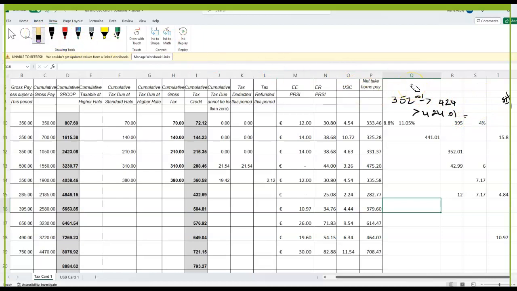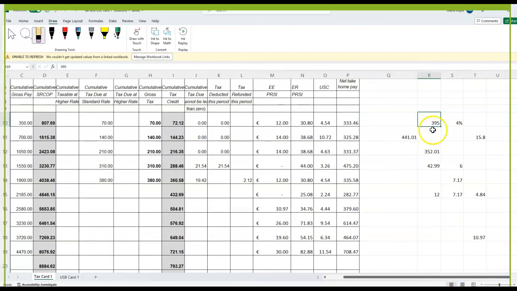Again, you don't have to learn these off by heart. You can just look them up, but be aware of what the income range is for that purpose. Just going to look at a calculation here based on 395. If I take 395 and multiply it by 4%, I'm going to get 15.80. The next step is to get the difference between 395 and 352.01, and that will give me 42.99.